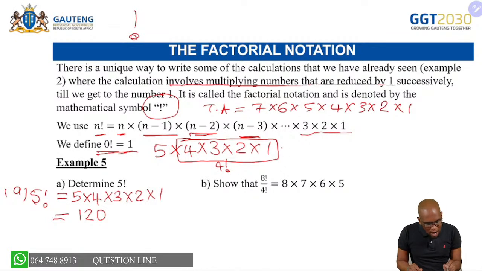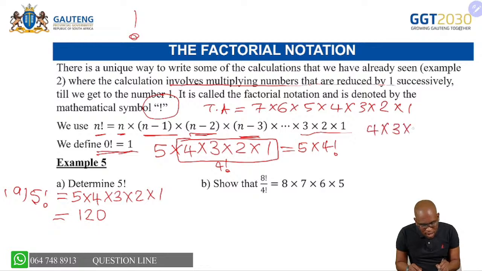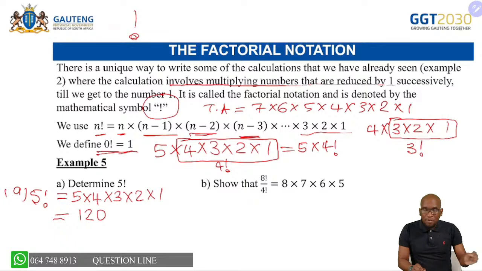So our 5 factorial is the same as 5 times 4 factorial. If you have 4 times 3 times 2 times 1, you can just start from 3, and 3, 2, and 1 is the same as 3 factorial.